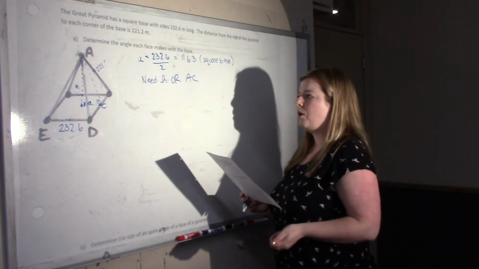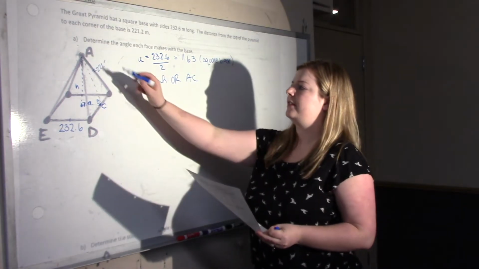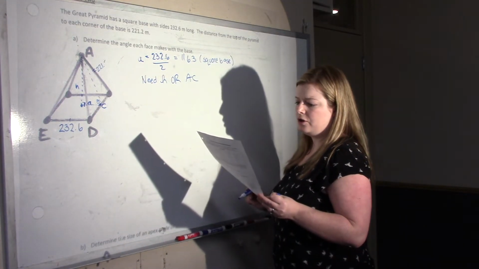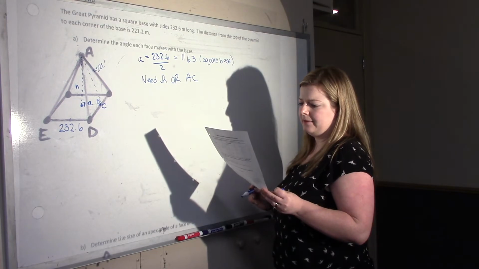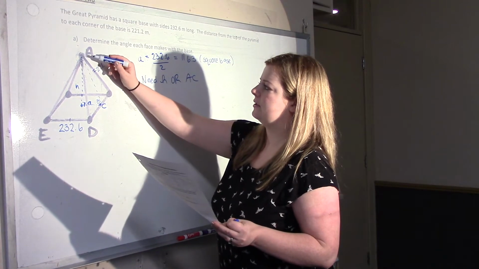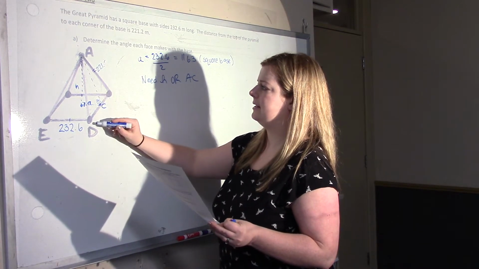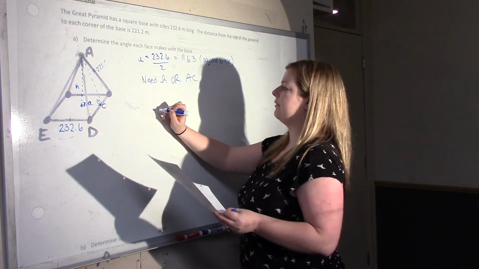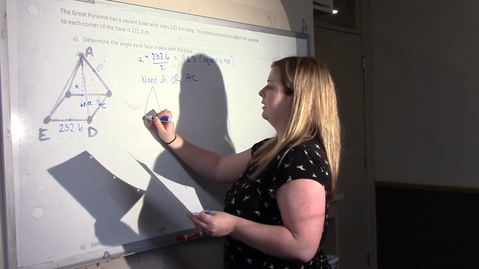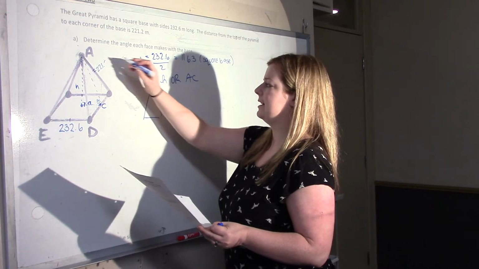Okay? So I'm going to choose to find the length of AC using triangle ACD. If you look at it from the side, now I'm just looking at this face.